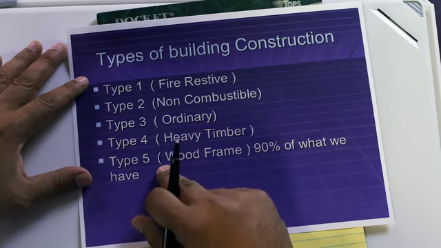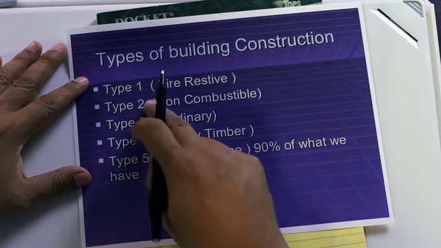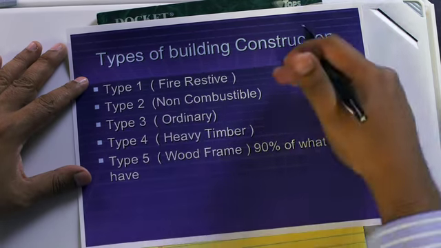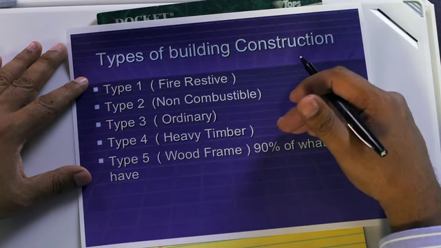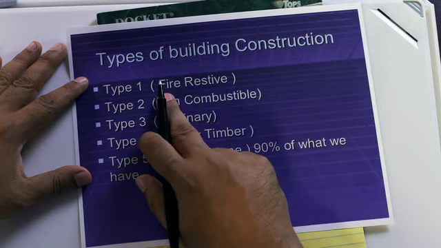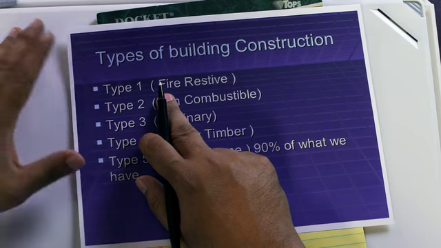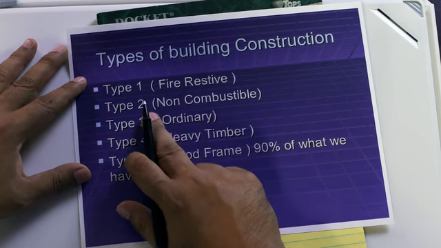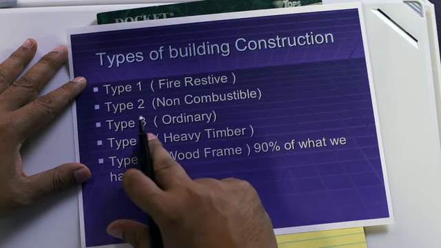How does wood fit in with the building code in terms of type of construction? All of the buildings that are built fall into 5 categories, Types 1 through 5, and they are rated in accordance with their fire resistive capability. Type 1 being the best. That's usually a concrete building or a steel building with fireproofing. Type 2, non-combustible. Type 3, ordinary.